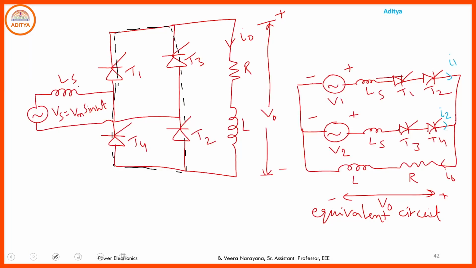So in the overlapping period, if all the thyristors are in the on state, then you apply the KVL for this loop.